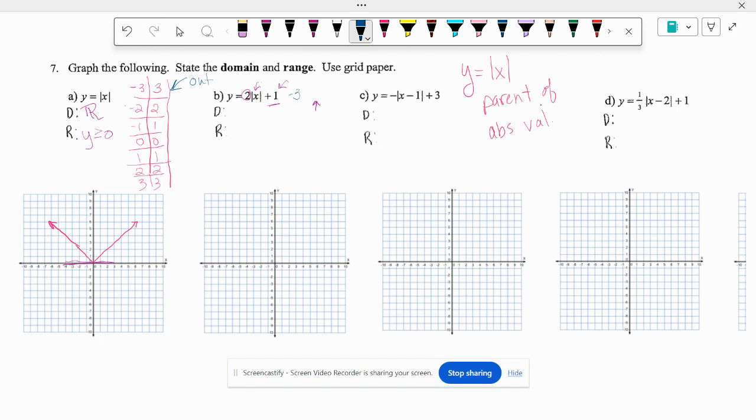When x is negative 3, I get a positive 3, but 3 times 2 is 6. When x is negative 2, I'm at positive 2, but 2 times 2 is 4. You see what I'm doing? Positive 1 times 2 is 2. 0 times 2 is still 0. 1 times 2 is 2. 2 times 2 is 4. And 3 times 2 is 6. And then I have to add 1 to that.